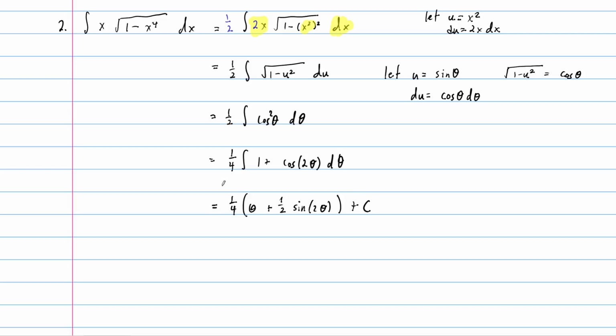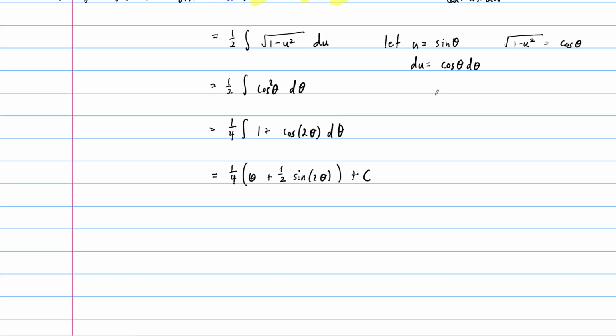But now we need to get all this stuff back in terms of u and then in terms of x, right? So we have to get rid of the trig functions first. The first thing that we notice is this theta, based on this definition right here: if u is equal to sine of theta, then theta must be equal to the arcsine of u. So that's going to go in for that. And then this one, we've got our cosine and our sine.